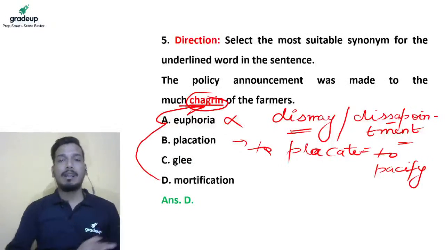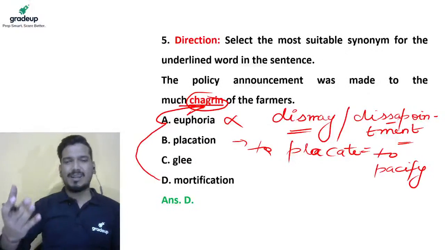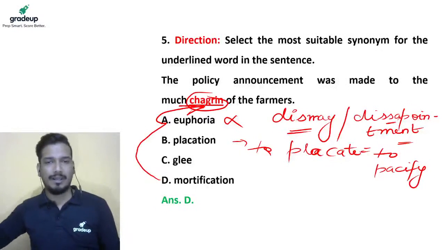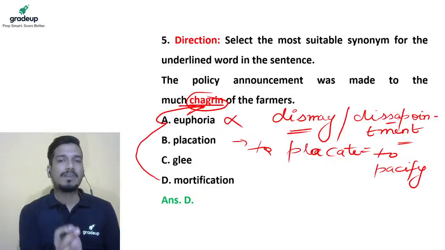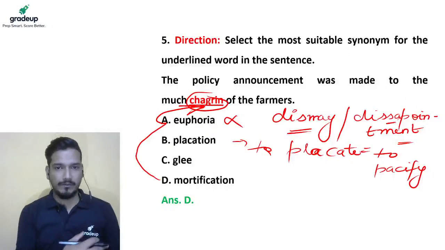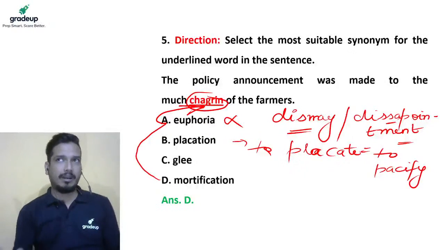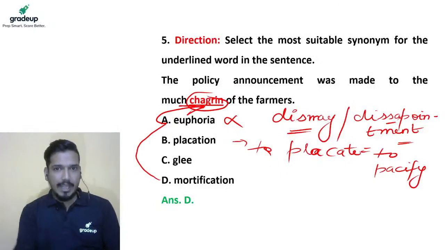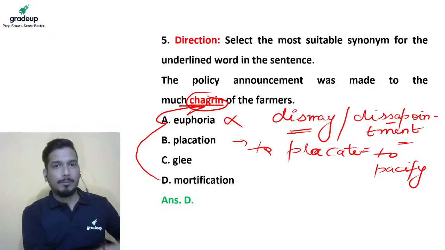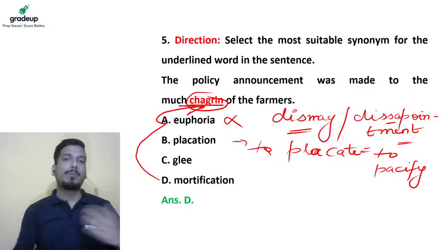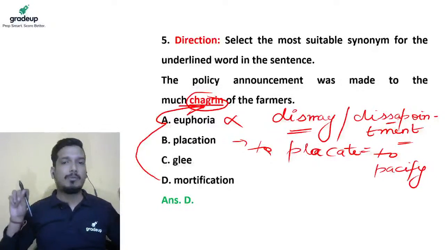The other meaning is an interesting one, and I did cover this word in one of my sessions earlier. Mortification is a process in which you punish yourself. If you have read The Da Vinci Code, there was a character, Silas, who used to murder people and then punish himself. That is known as mortification.